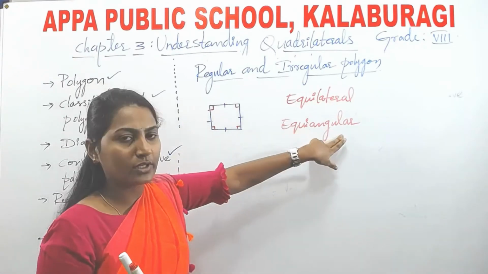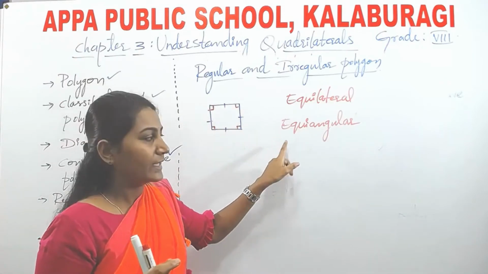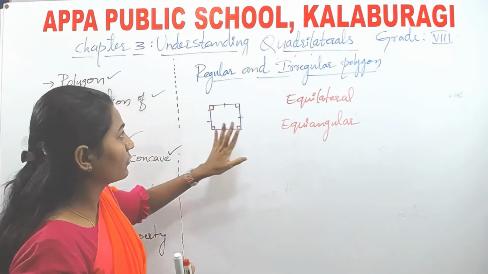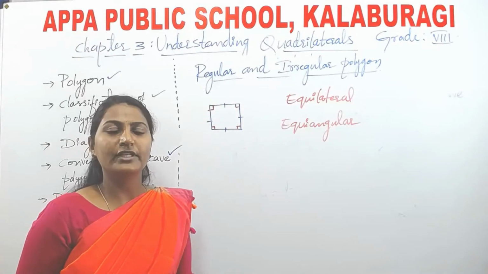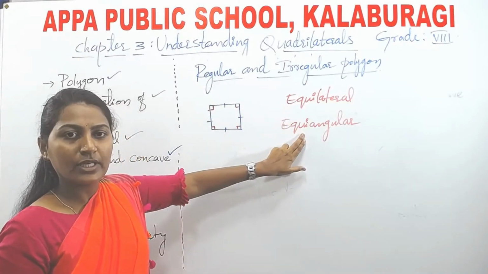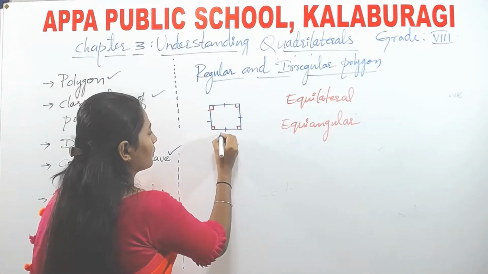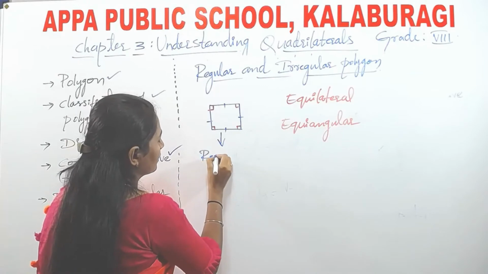Also equiangular: all the angles of a given polygon should measure equally. Therefore, a regular polygon can be defined as a polygon which is both equilateral and equiangular. So I can say square is a regular polygon.